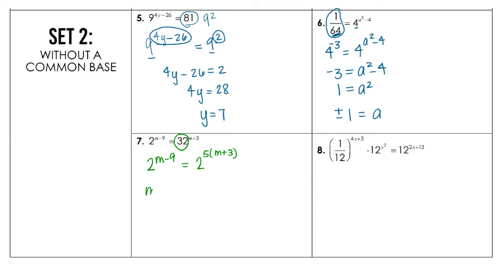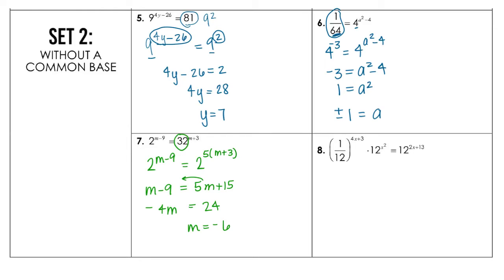And so I'm going to have m minus 9 equals, and I'm going to go ahead and do my distributive property here. I am going to move this 5 over, so I have negative 4m, and then I'm going to add 9 over to the other side, so that's going to give me 24, and so it looks like m is negative 6.